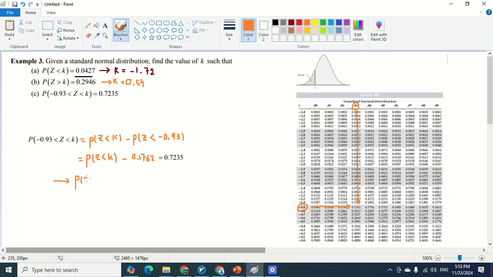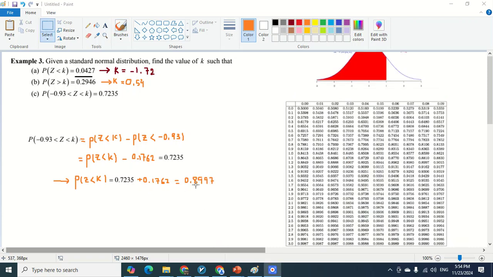Right now we can calculate the probability of z less than k, so we can rewrite it over here that the probability of z less than k is equal to the addition of these two probabilities, which means it is equal to this value, and we should shift the other terms to the right side. So we have plus 0.1762, and the result of this addition can be written over here.